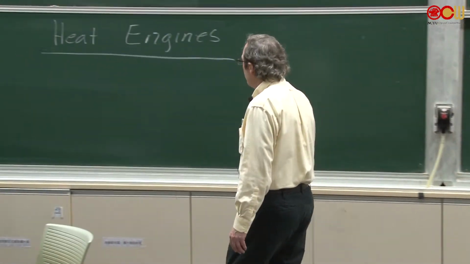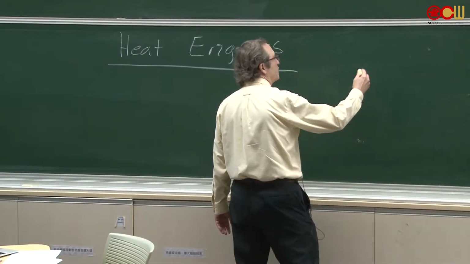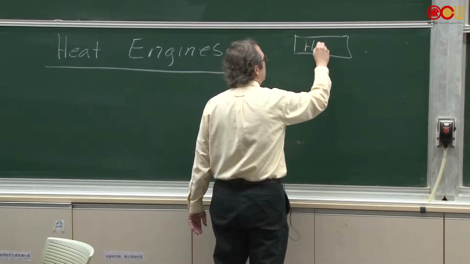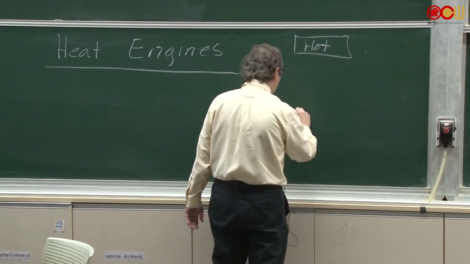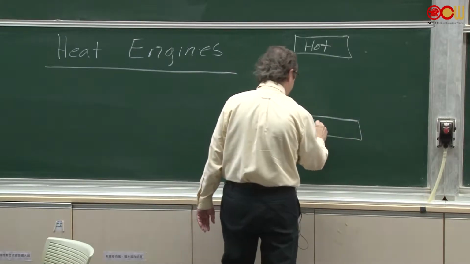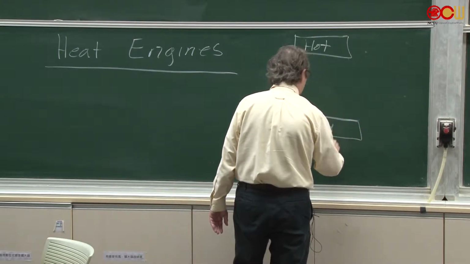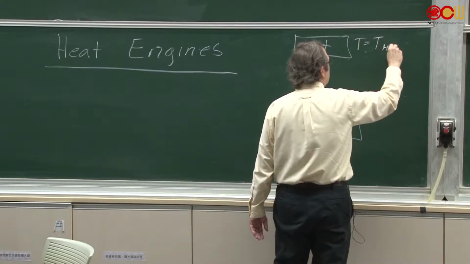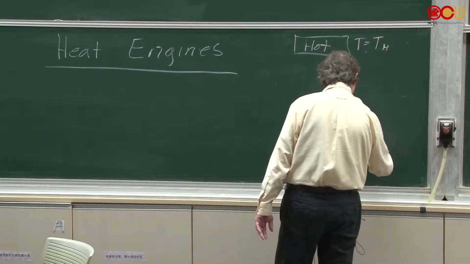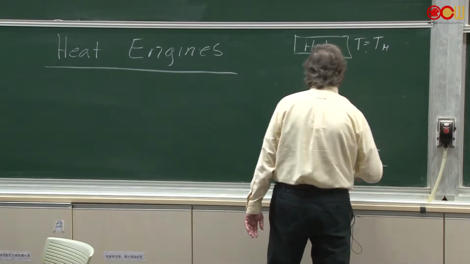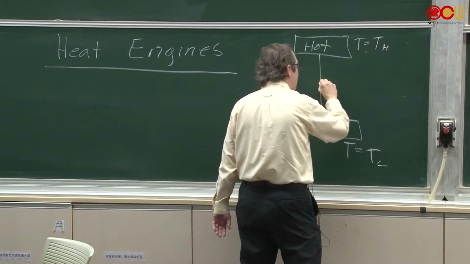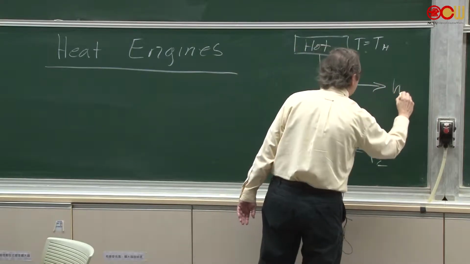Usually the way it works is we have a hot reservoir and we have a cold reservoir. The hot reservoir is at T equals TH. The cold reservoir is T equals TC. And then the system goes around like that, and then there's work done.